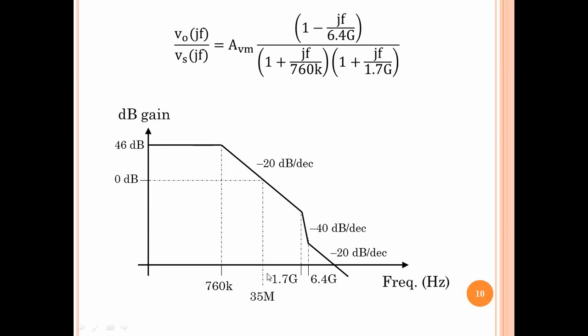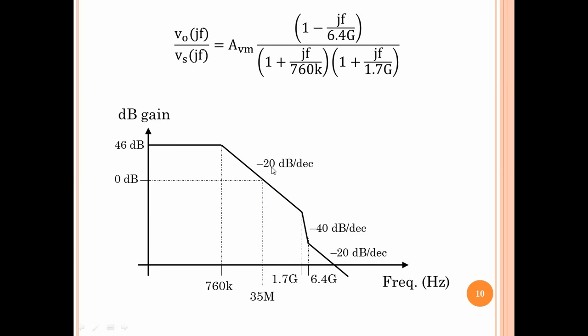One more thing I have included here is, so you can see this is 46 dB. The gain is falling at 20 dB per decade, and this is at least 3 decades from 760K to 1.7 giga. So that means that from here to here, the gain is going to fall by at least 60 dB.